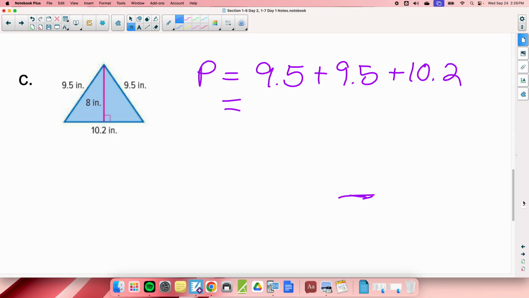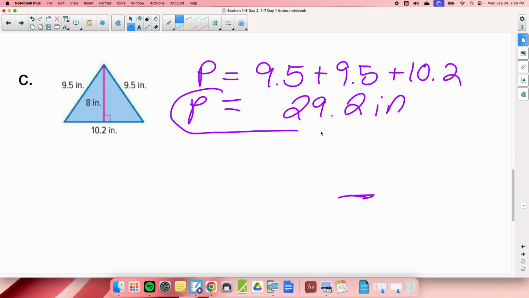Now, if I add that together, I would get 29.2. I think that is right. And that is in inches. Did you guys get 29.2?